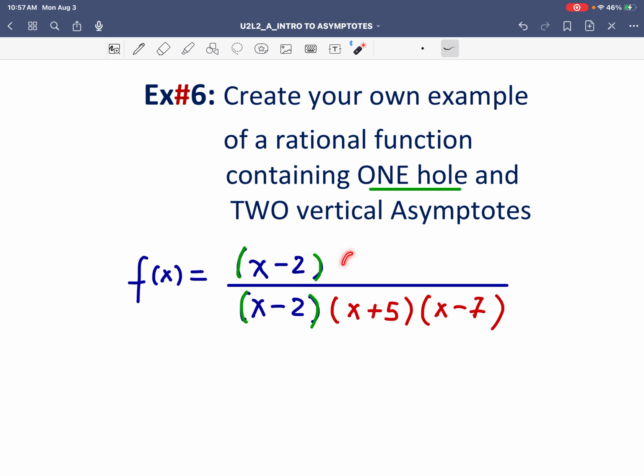You can add a polynomial function of whichever degree you prefer. It doesn't really matter. So this function will have a hole at x equals 2 and vertical asymptotes at negative 5 and 7.